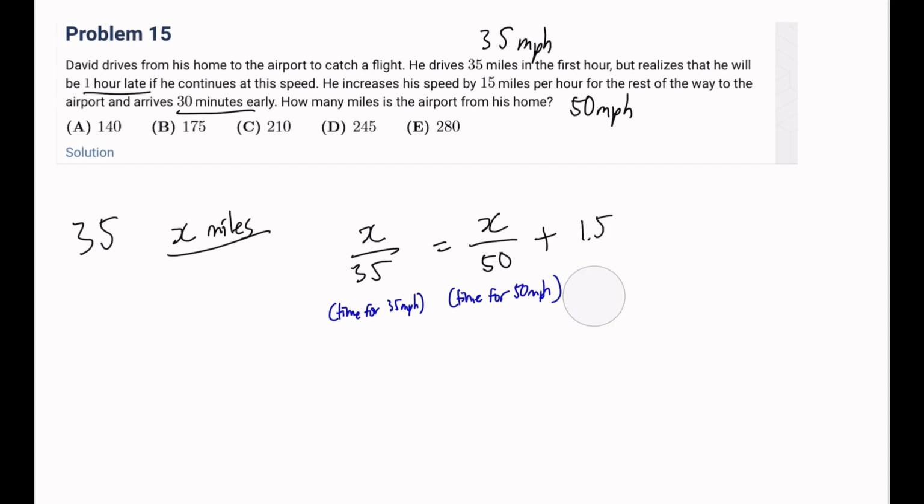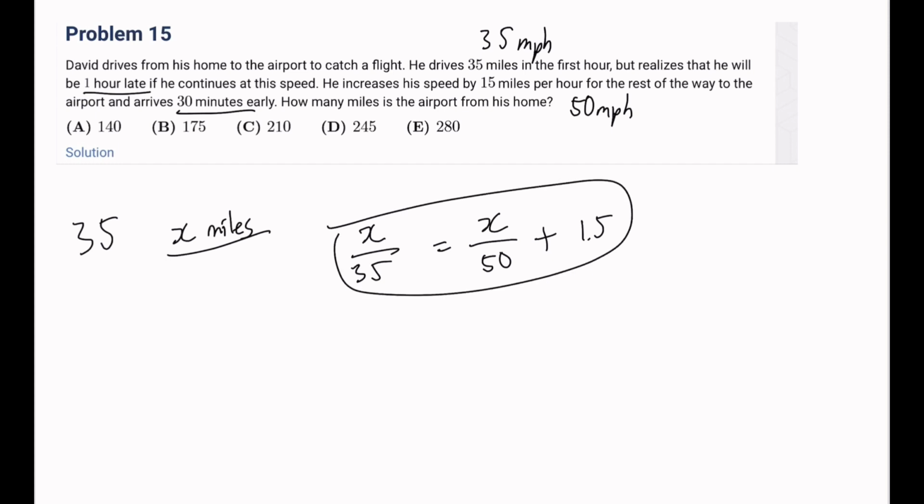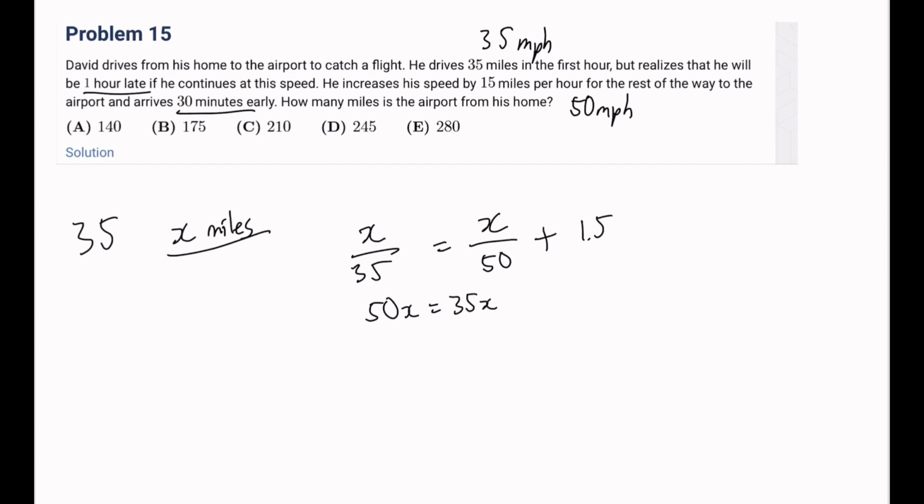And so because of this, if we cross multiply this entire equation, 50x equals 35x plus 1.5 times 50 times 35, so this is 15 times 5 times 35, and so 15x, because this moved over, 15x equals 15 times 5 times 35.